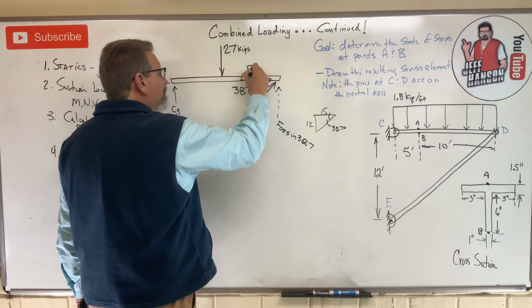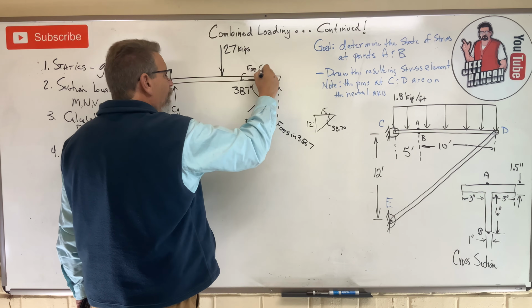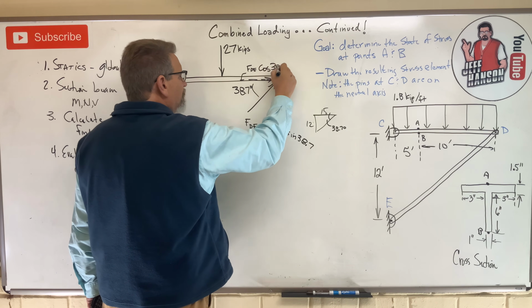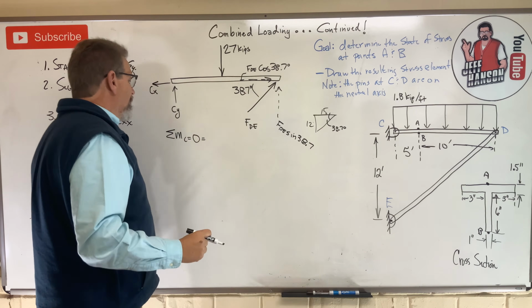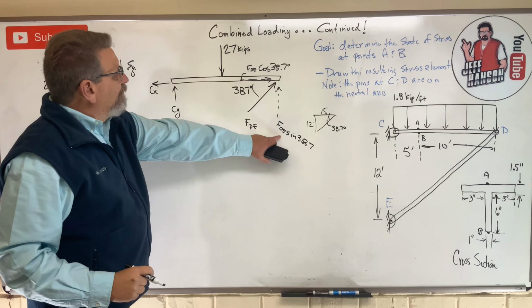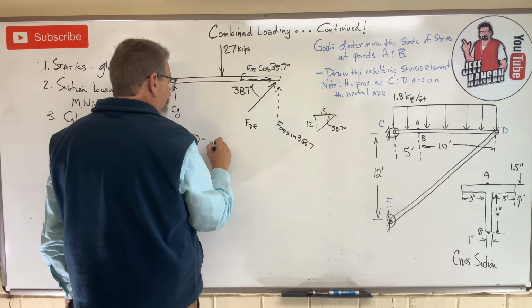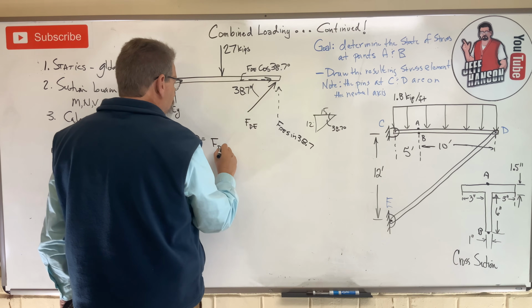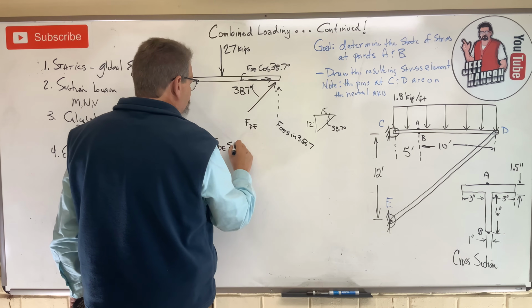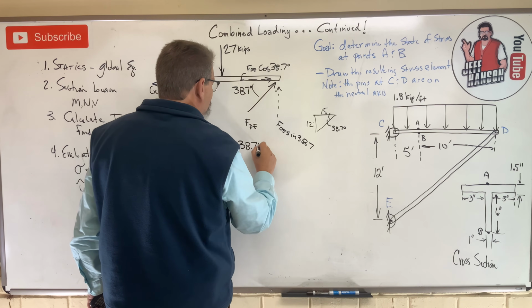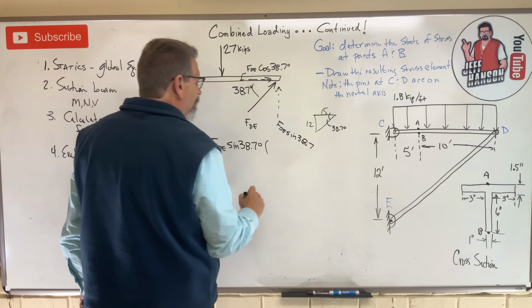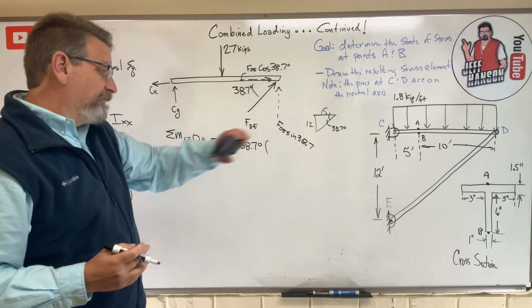This one is FDE cosine 38.7. Okay? So I've got that guy, which rotates me negative. No, it's positive, isn't it? FDE sine 38.7 times how far away? Well, it's 15, isn't it?